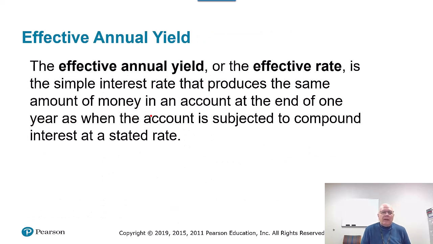And the last topic is effective annual yield. So a couple of notes. So imagine you have compound interest working and you get a certain amount. You start with a certain P up here and you end up with A at a certain rate.